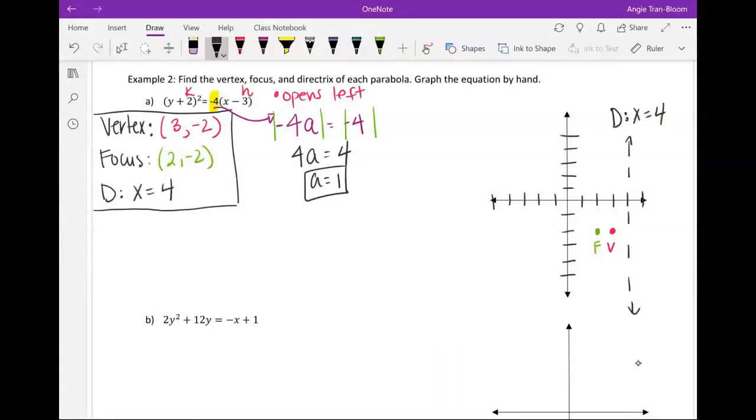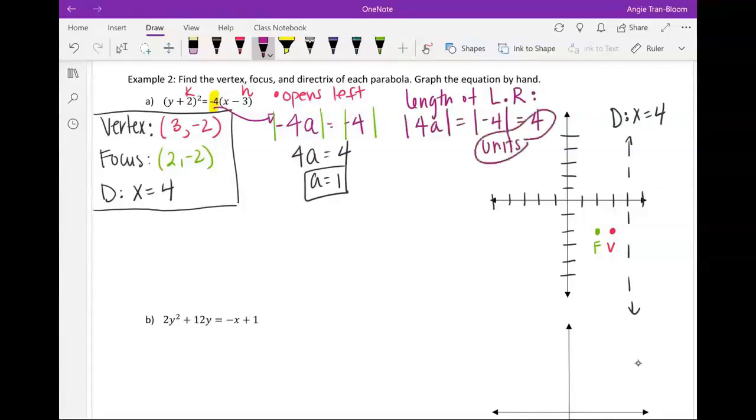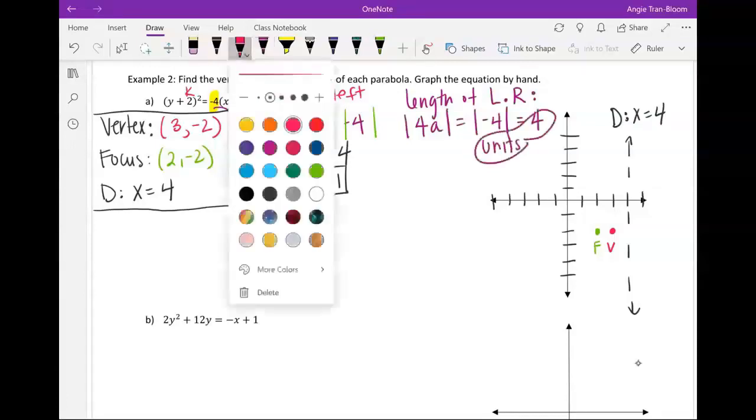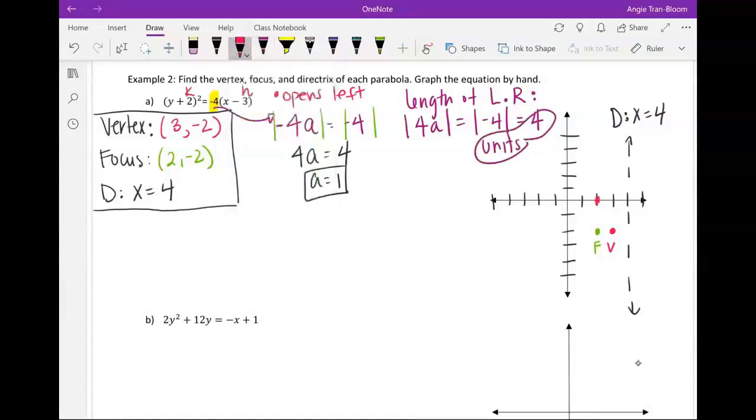If we know those 3, we now need to find the total length of your latus rectum. Length of, and it's always an absolute value for a. Absolute value for a happened to be an absolute value of 4, which is 4 units total. Okay, if I know it's 4 units total, I can go up 2 from the focus and down 2 from the focus to finish graphing by hand.